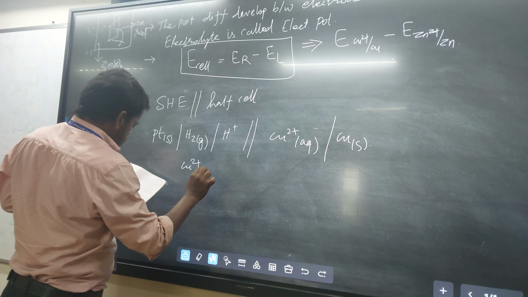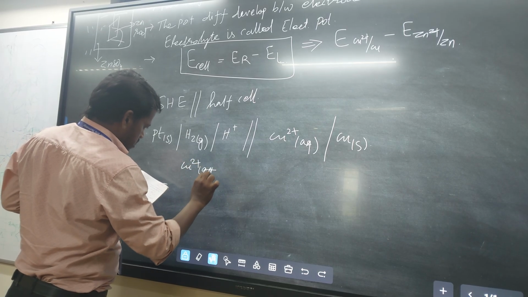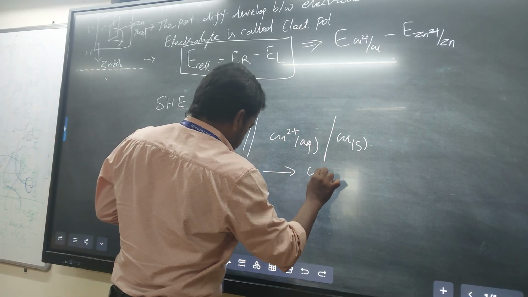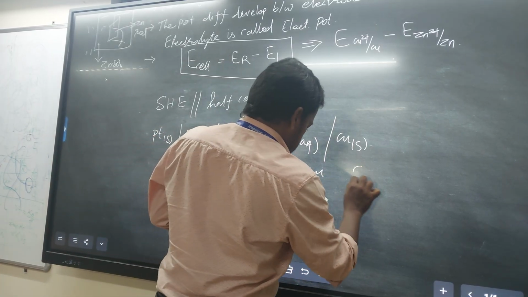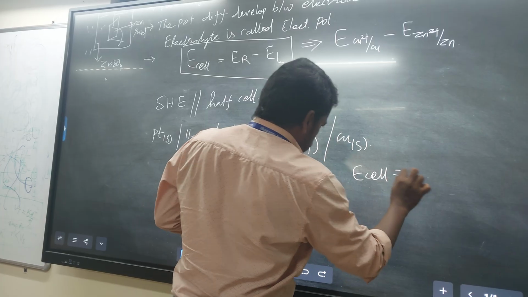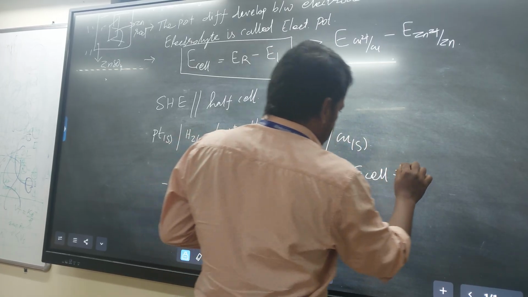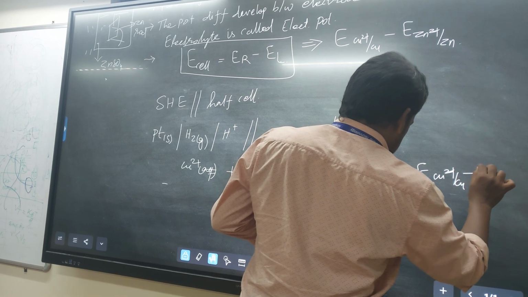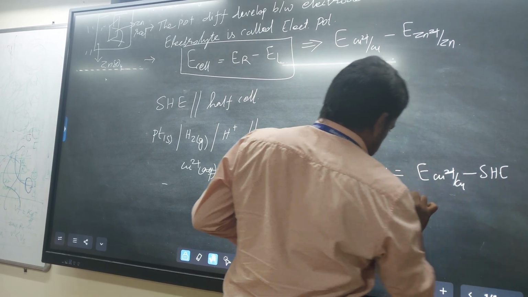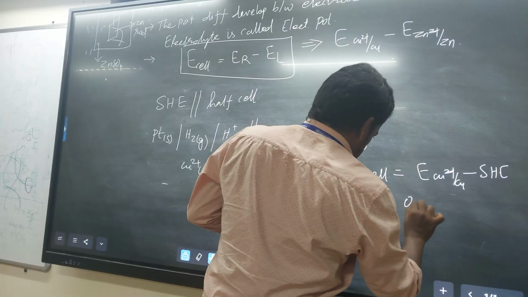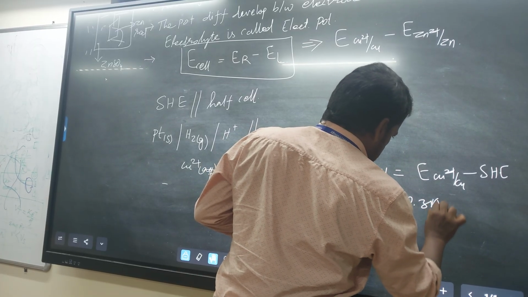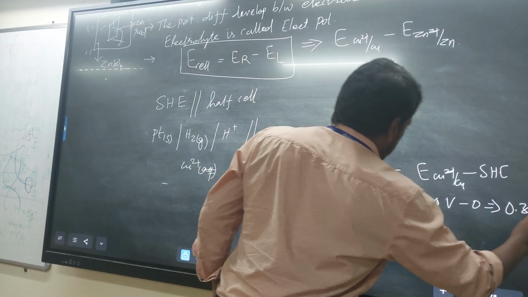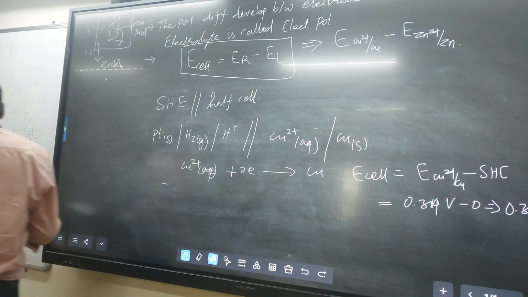Cu2 plus aqueous plus 2 electrons gives copper. The E cell value is E right minus E left. Therefore copper 2 plus becomes copper minus the standard hydrogen electrode: 0.34 volt minus 0 is equal to 0.34 volt.